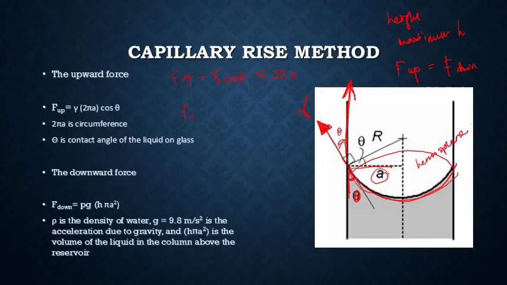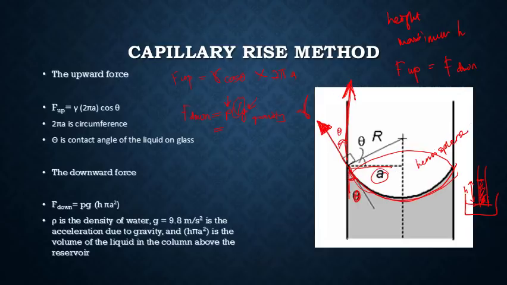So what is the force downward? The force downward is equal to rho V g, right? Rho is the density, which is known. g is gravity. So what is V? Consider the whole capillary. For example, you have a capillary here that rises up from this container to a certain height, h.